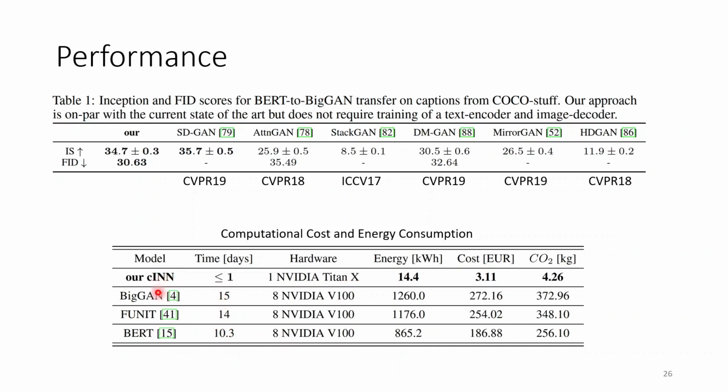But since BigGAN and BERT are already well trained, using their method they need less than 1 day on a regular machine, and they use much less energy and cost in terms of euro, and less CO2. So this is an interesting index. They can generate good or acceptable results.